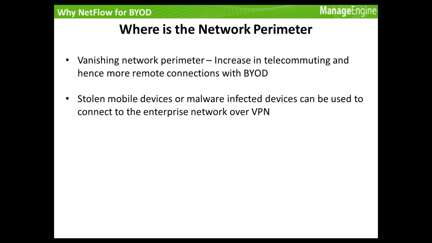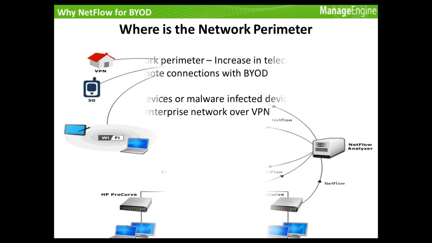You have more remote connections, telecommuting, people working from home, connecting from home. You don't know where your network perimeter is. And stolen devices or malware infected devices can still be used to connect to the enterprise network over VPN, or whatever technology you are using in your enterprise for remote connections.